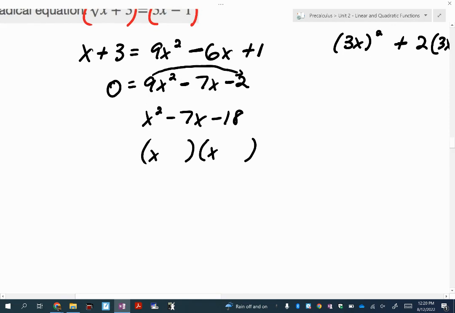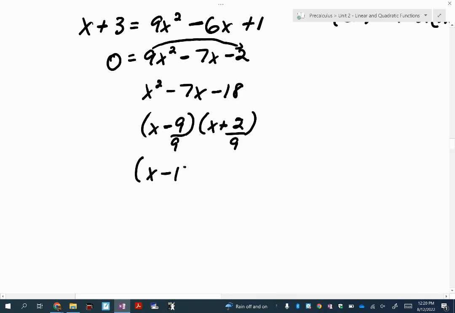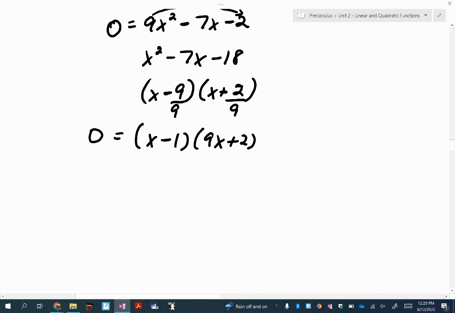Factors of negative 18 that add to negative 7, that's going to be negative 9 and positive 2. Yes, that works. Put those over that number you slid. So I get x minus 1 and 9x plus 2. All right. Don't forget to solve both of these. You get 1. And because I know that trick, I do the opposite of 2, which is negative 2 over that a value of 9.